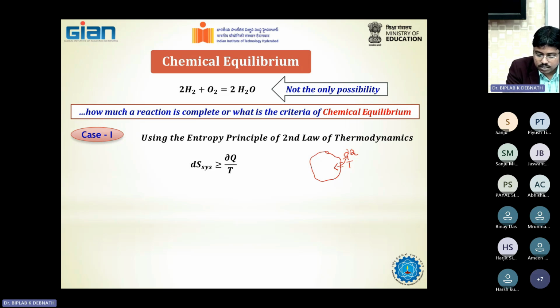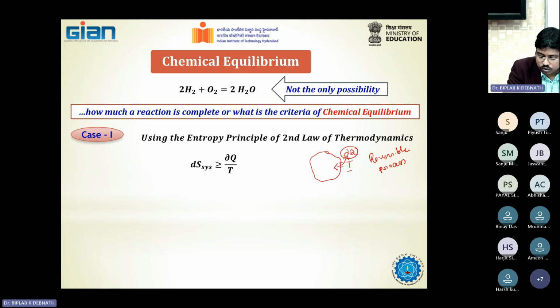So if this amount of heat transfer is occurring through the boundary of a system whose temperature is T, then the quantity delta Q by T should be equal to dS system when you have a reversible process.